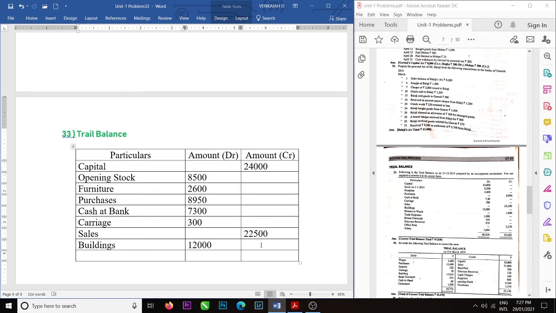Returns inwards means we are getting the returns. These are sales returns. Look at sales: sales are credit, so sales returns are debit.